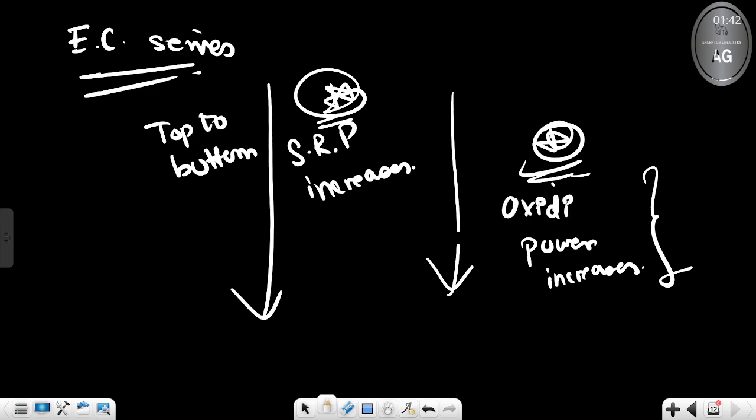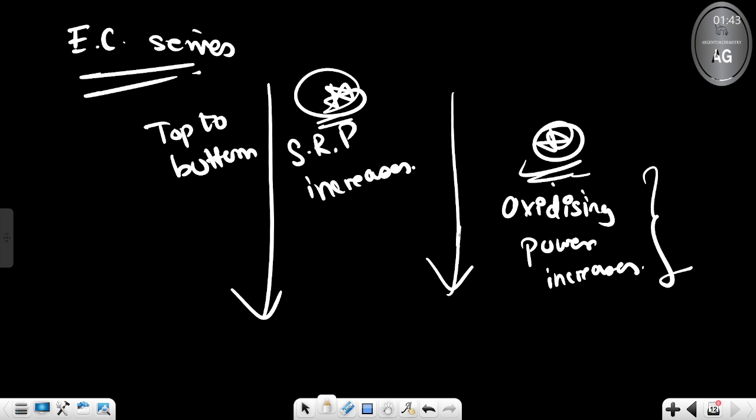But I have explained to you why it is so, right? Simply remember that as you go down, the metals will try to be in their free state, so the tendency to undergo reduction increases. When I speak about reducing power, it is talking about how much it can reduce the other, not itself.